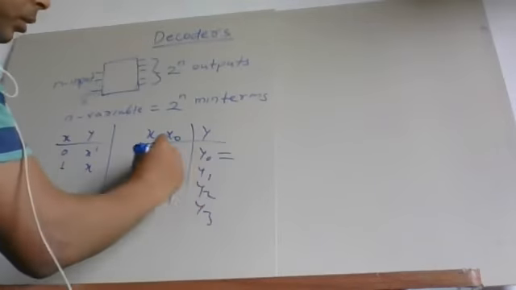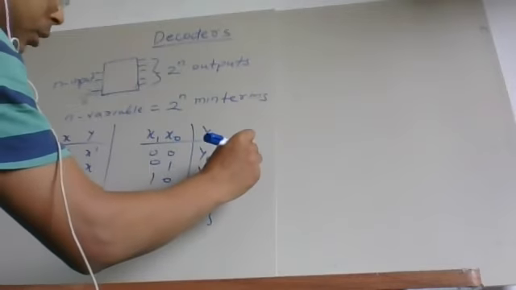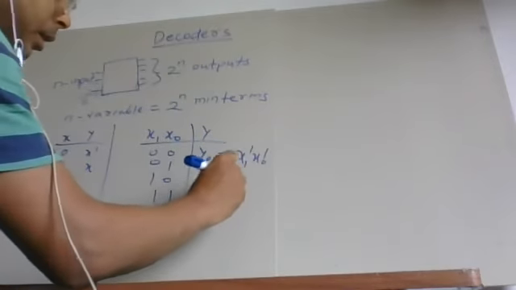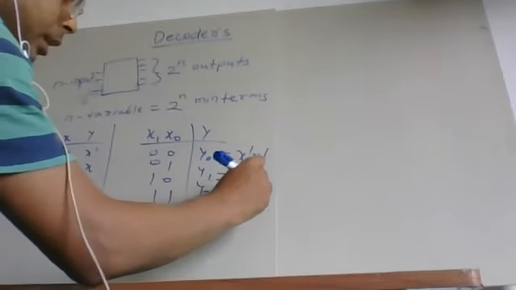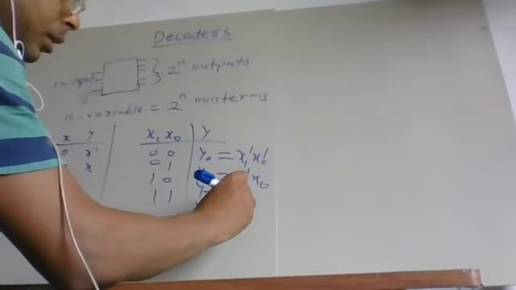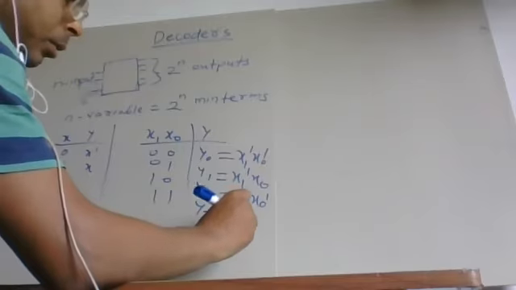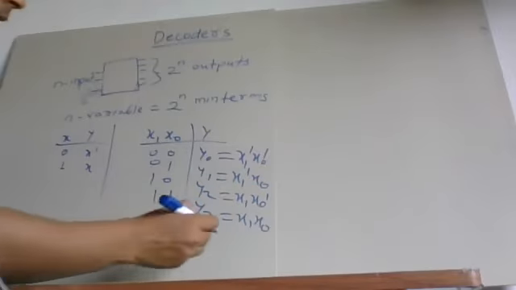y0 must be equal to x1 dash x0 dash, y1 must be equal to x1 dash x0, y2 must be equal to x1 x0 dash, and y3 must be equal to x1 x0.